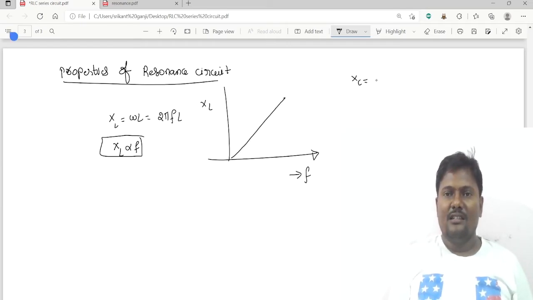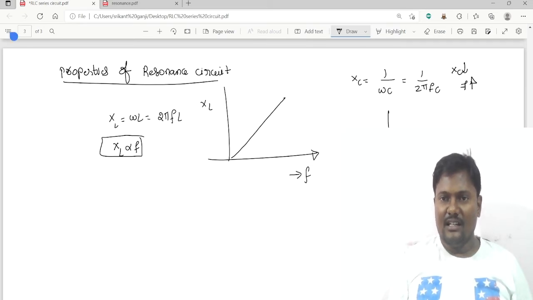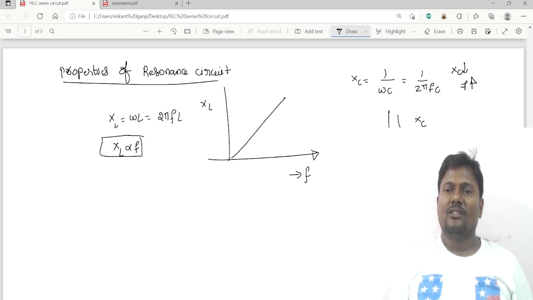XC is equal to 1 by omega C, which is 1 by 2 pi FC. As the frequency increases, the XC value decreases. This is called XC versus frequency.